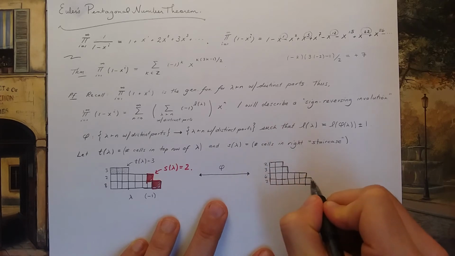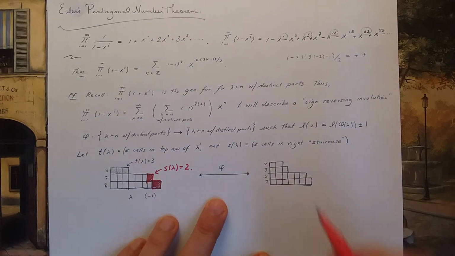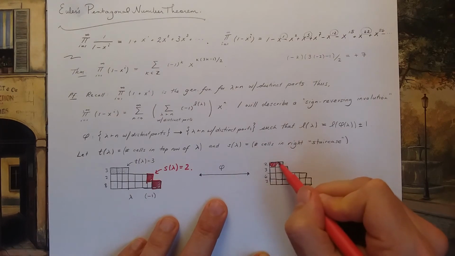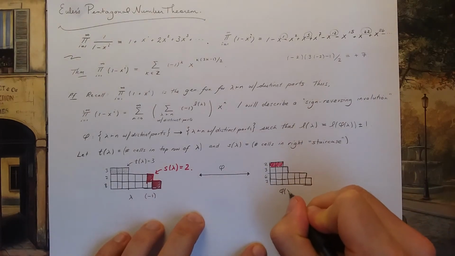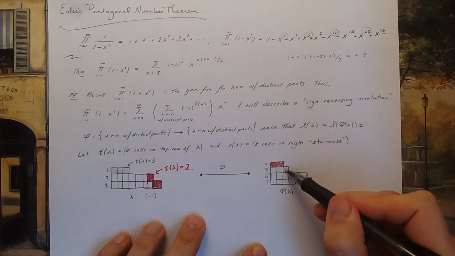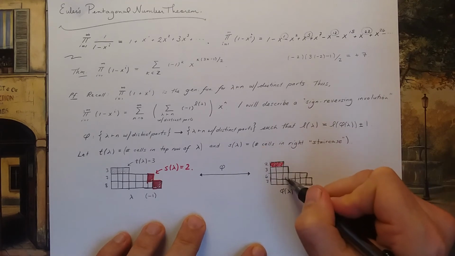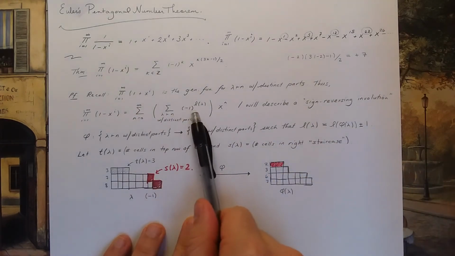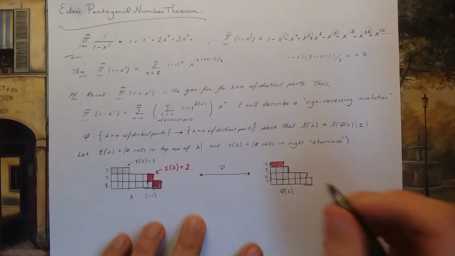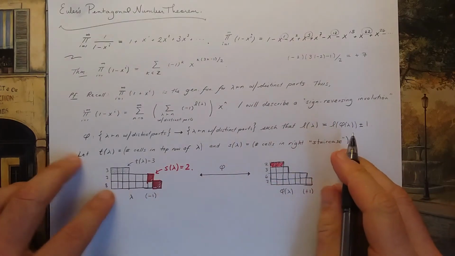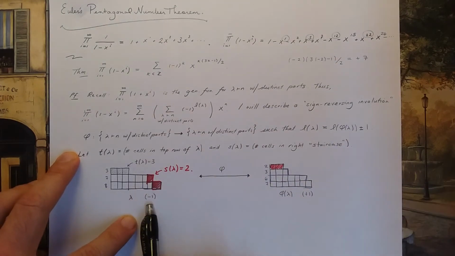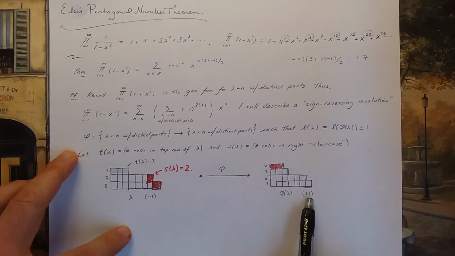To graphically depict what just happened, I think I put the red cells here. This will be phi of lambda. Now notice that I have 4 rows, and I have a minus sign to the 4th power. In other words, this is a +1 object. This is a positive object. So I've paired a negative object with a positive object.